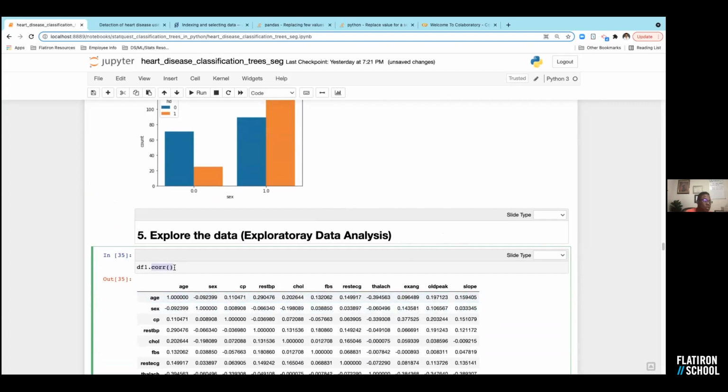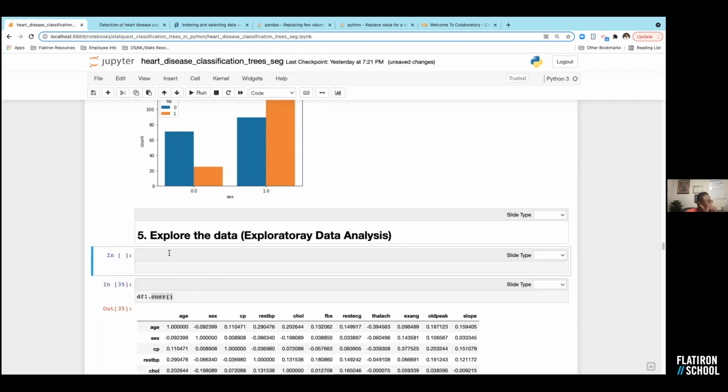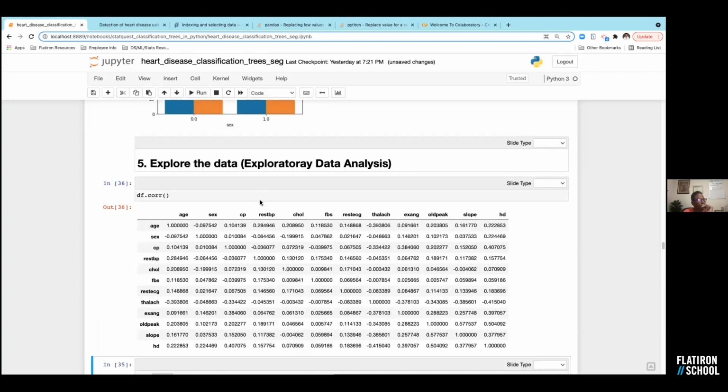Because this method only works on numeric variables, but we can still probably do something. Let me see if this will work, because the original data frame still has it, yeah.